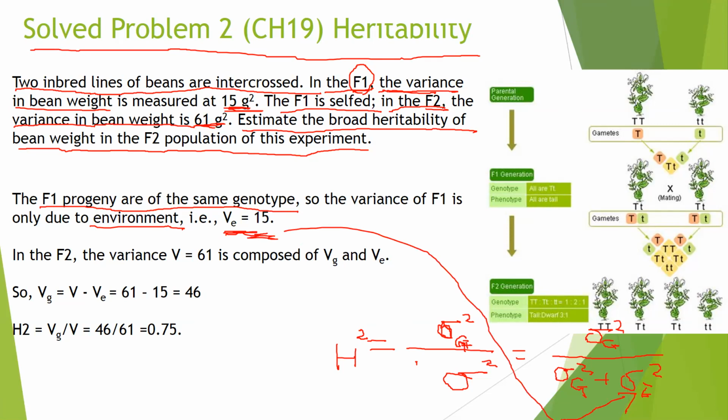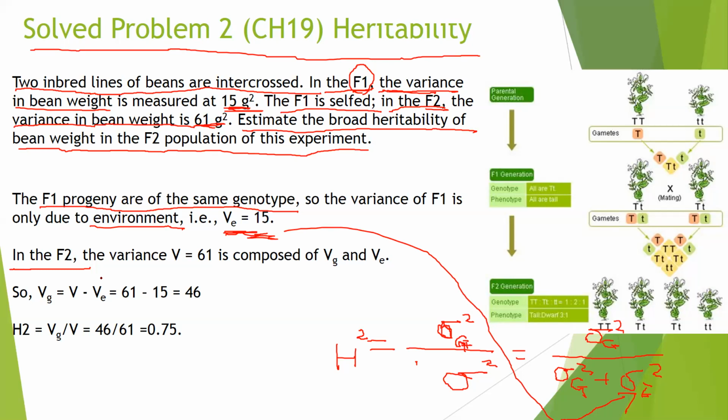This is 15. All right, now in F2, so think about F2. For the F2 progeny, do they have identical genetics? No. Because if you do the monohybrid cross to generate an F2 population, there are different types of genetic makeup, right?